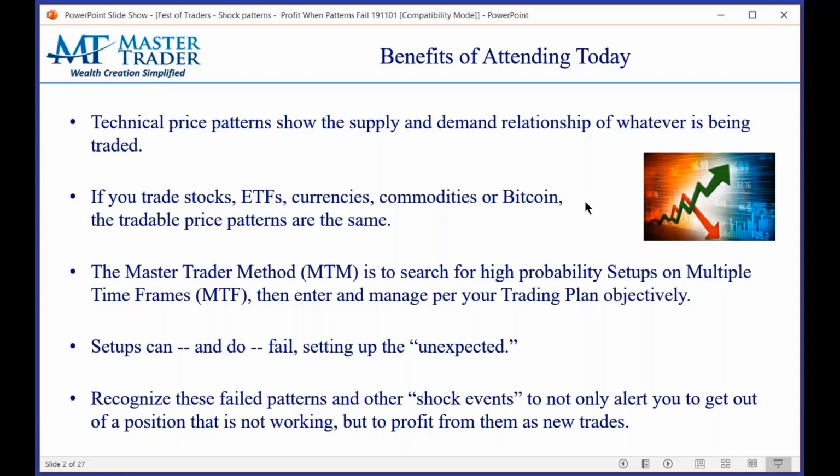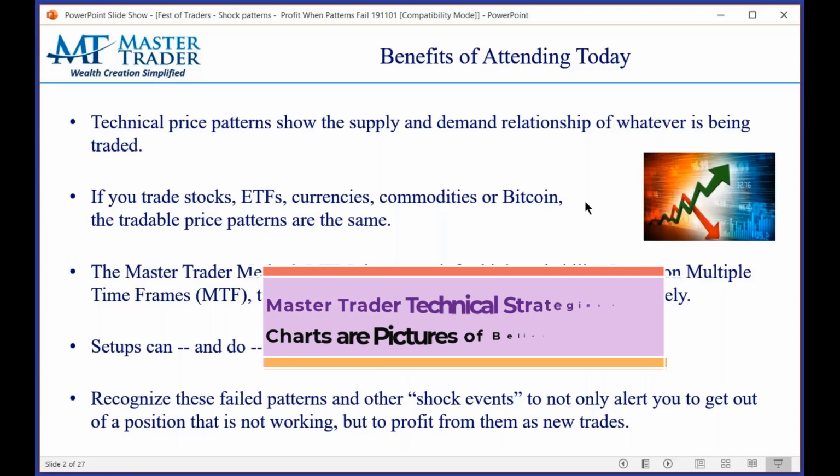Technical patterns suggest behavior. They're showing the collective sum total of the supply and demand of whatever you are looking at. Stocks, ETFs, currencies, anything that moves is the collective market participants' beliefs about what the value is, and we make interpretations of future actions based on that.